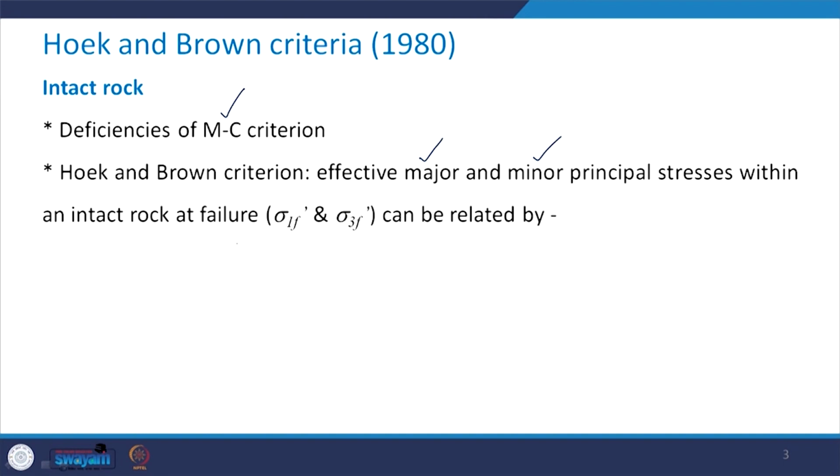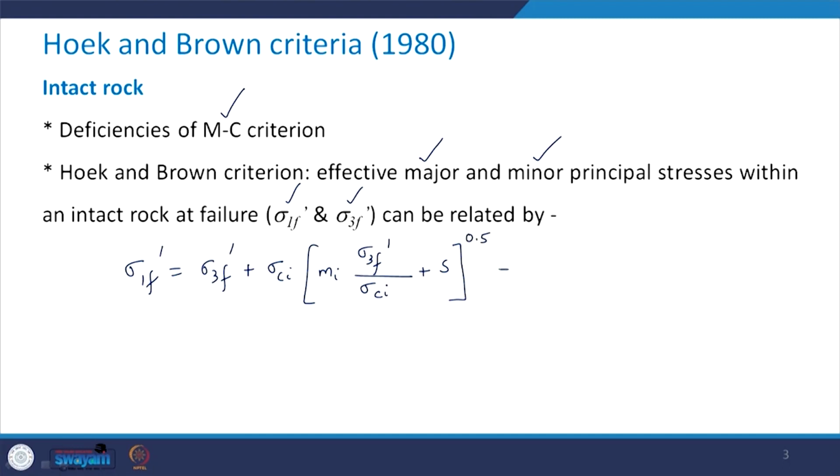This Hoek and Brown criterion in terms of effective major and minor principal stresses on an intact rock at the failure, which are sigma 1f prime and sigma 3f prime respectively, can be related by this expression, which is sigma 1f prime is equal to sigma 3f prime plus sigma ci into m i sigma 3f prime divided by sigma ci plus s to the power 0.5.